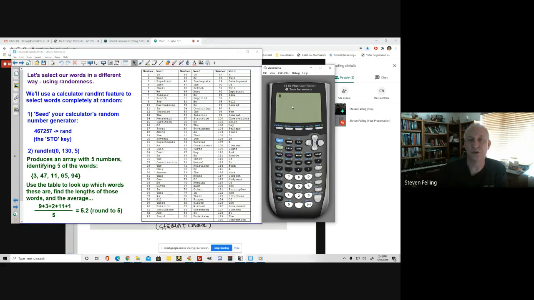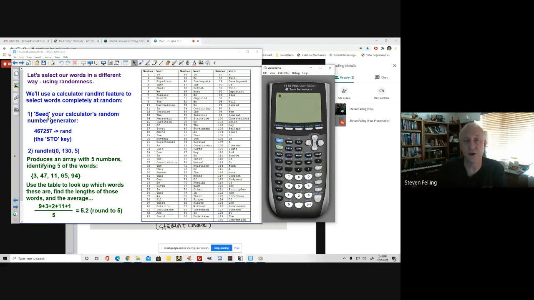And what you can do is you can jump to some random place in that list and then start picking random numbers from there. That way, if you do an experiment and your friend next to you has the same kind of calculator, if you start at different places in that long list of random digits, then you'll actually have numbers that are random between the two of you, right?